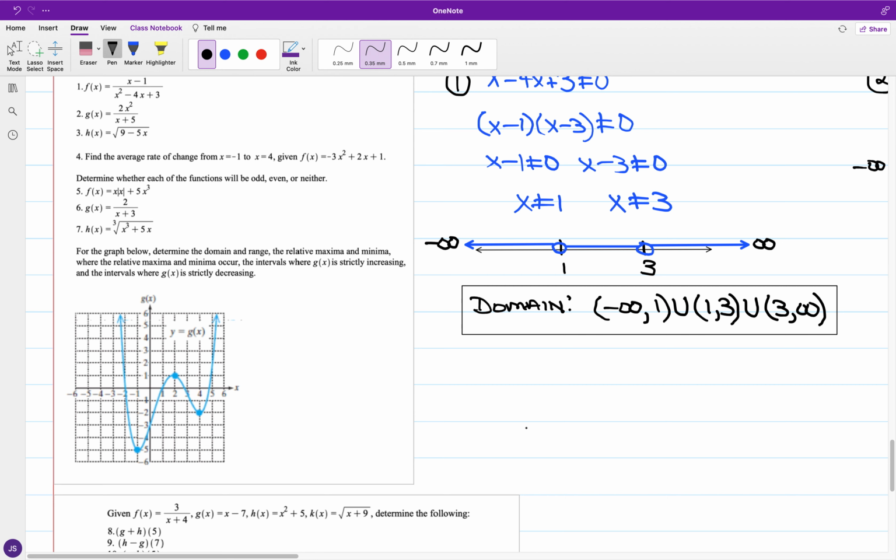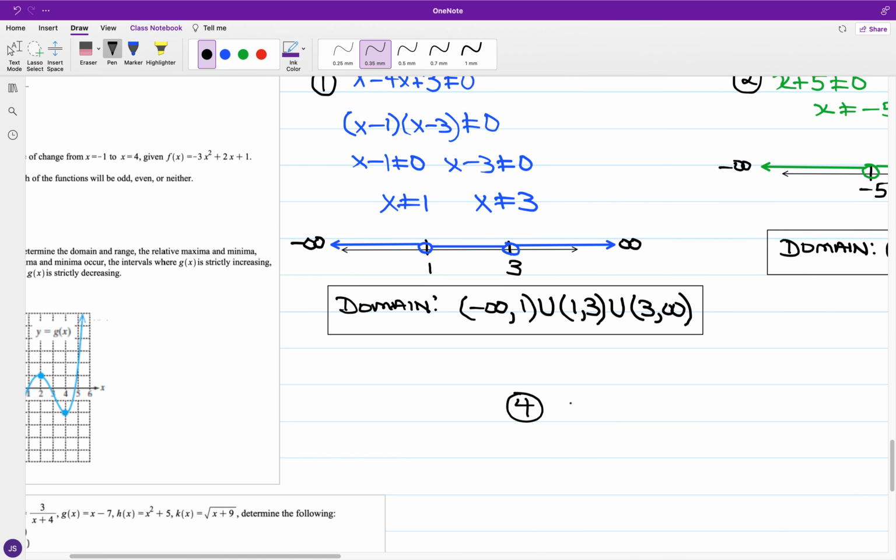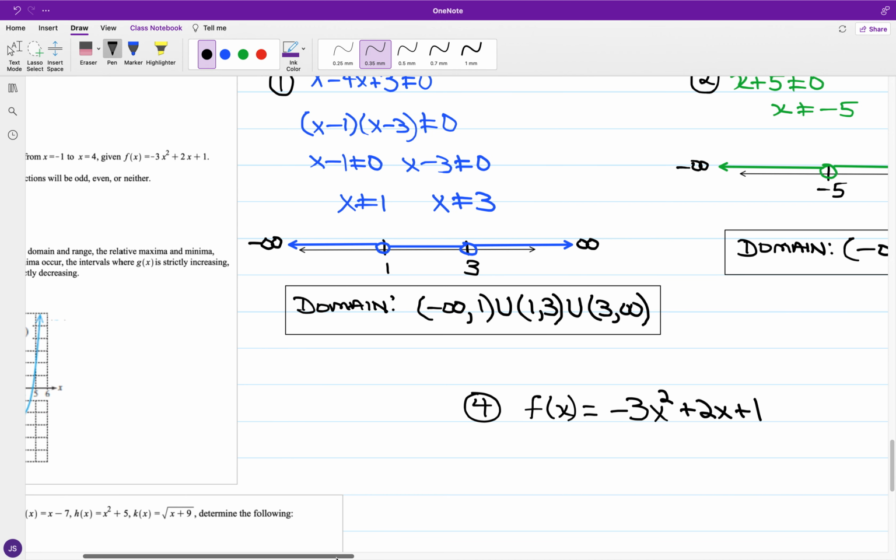For number 4, we have the given function f of x equals negative 3x squared plus 2x plus 1, and we're looking at going from x equals negative 1 to x equals 4.